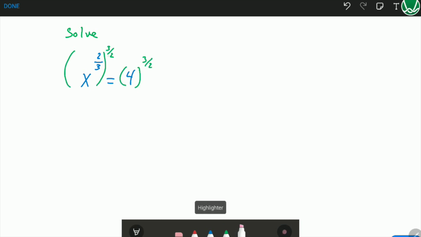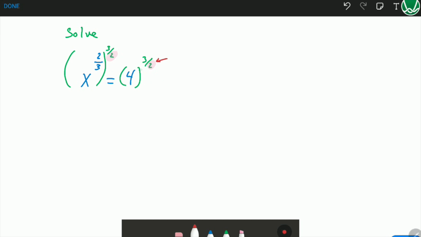You'll notice in the bottom, compared to the other examples, we have an even number. That is important. Remember that when you have to do an even root on both sides to solve an equation, that results in having 2 possible answers.